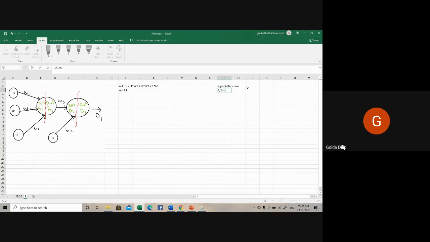So this is actually the formula. When you convert this into a sigmoid transfer function, the output will be equal to this.